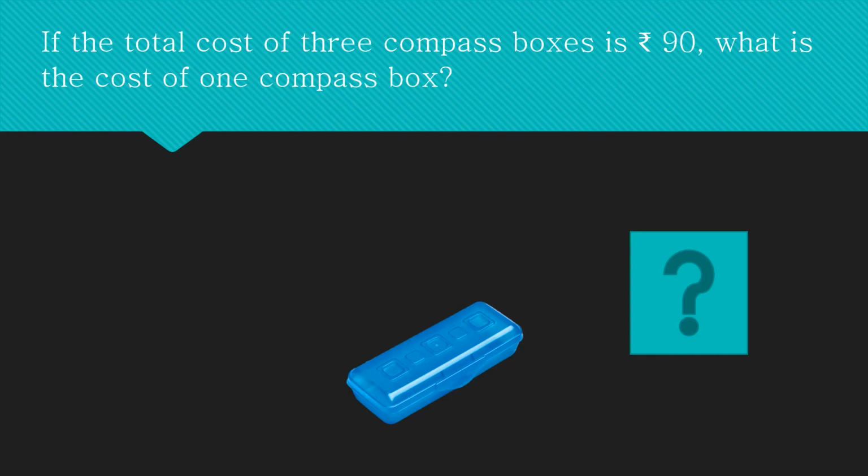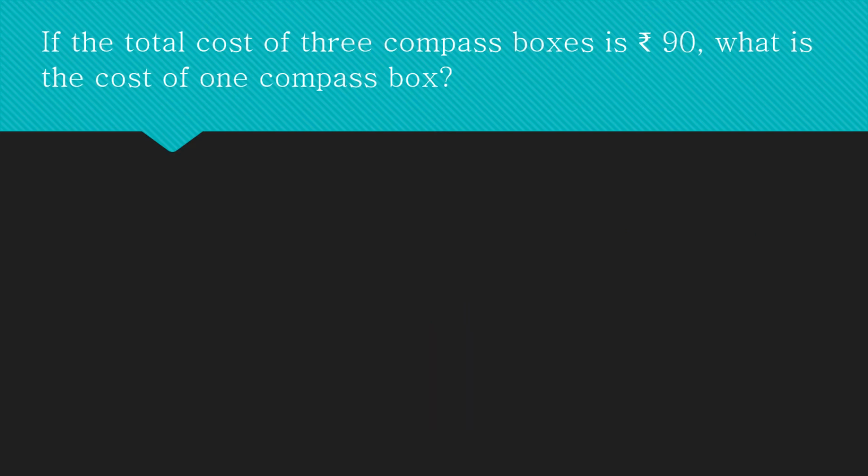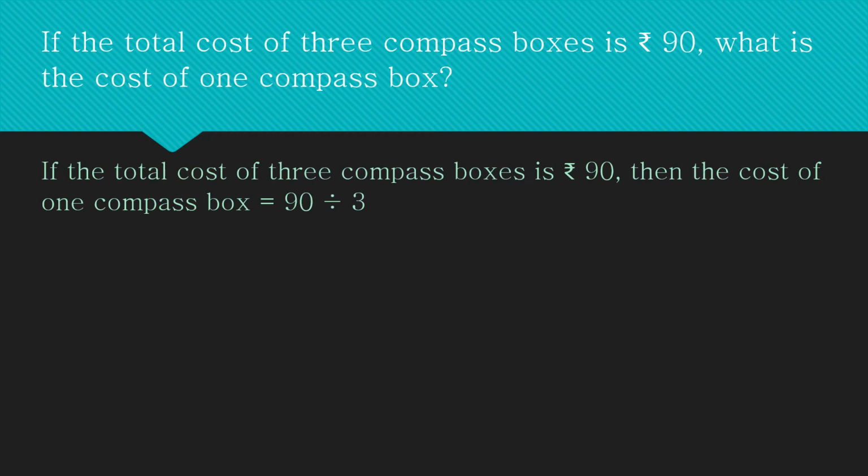So let us solve. If the total cost of 3 compass boxes is rupees 90, then the cost of one compass box is equal to 90 divided by 3.